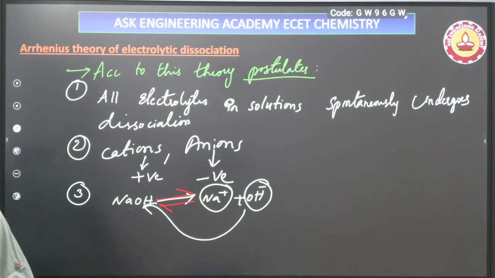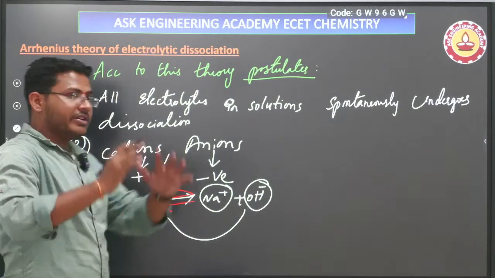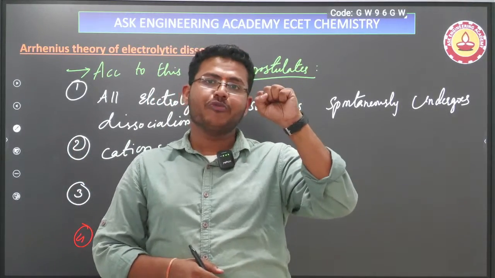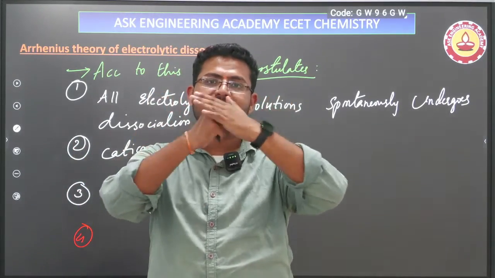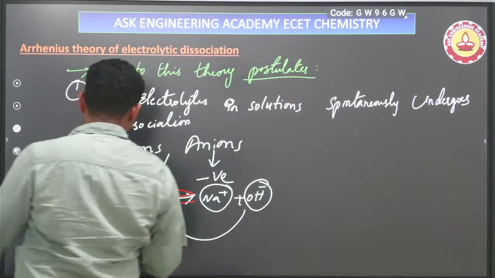The fourth point is, if in the electrolytic solution the amount of positive charge and the amount of negative charge are equal, then that solution is called a neutral solution.